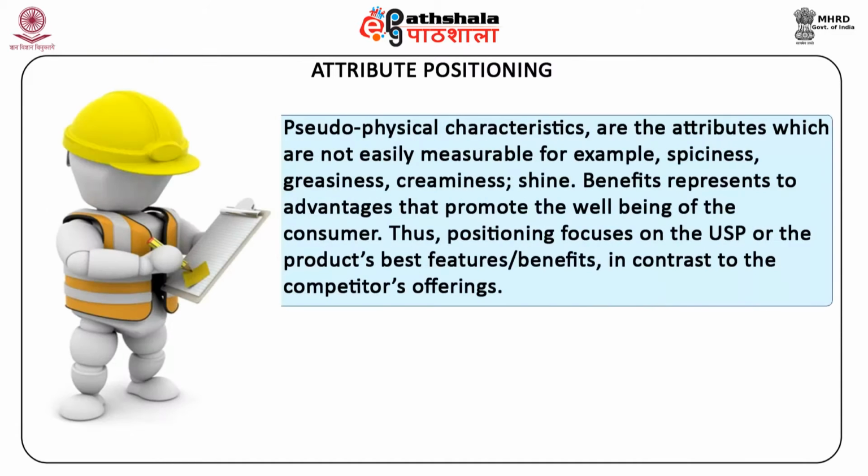Pseudo physical characteristics, in contrast, are the attributes which are not easily measurable, for example, spiciness, greasiness, creaminess, shine. Benefits represent the advantages that promote the well-being of the consumer. Thus, positioning focuses on the USP or the product's best features and benefits in contrast to the competitors' offerings.